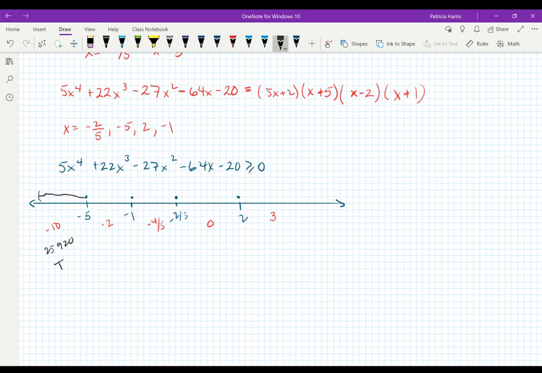Okay, for that one, I got -96. That is not greater than 0, so that is false. Okay, now I'm not going to shade there.